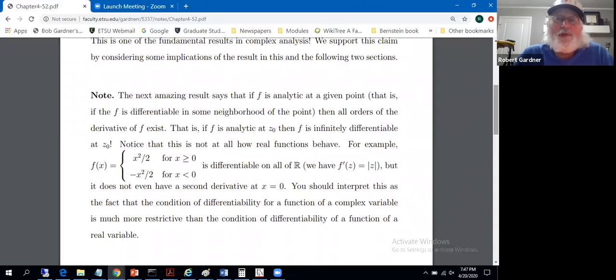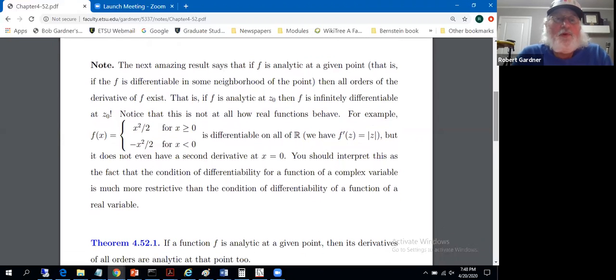The next result is going to show us that if we have a function that's analytic at a given point, which for us means that function is differentiable in some neighborhood of that point, then all orders of derivatives of that function exist. In fact, it has a power series representation, as we'll comment somewhere down the road. But we're saying differentiable on an open neighborhood implies infinitely differentiable. Now, that doesn't happen in the real setting.